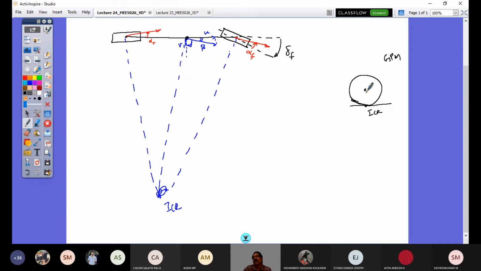So if I have to get the velocity of this point, I should join this to this, and then I see this is perpendicular. This is the velocity, right? If I have to take a point somewhere here, what is the direction of velocity of this linear velocity? How do I get? I should join that to this instantaneous center and then draw perpendicular. I'll get it. So that's the exact thing.